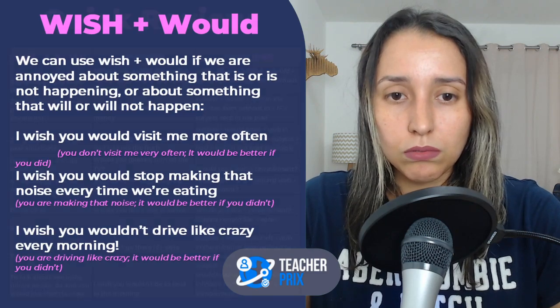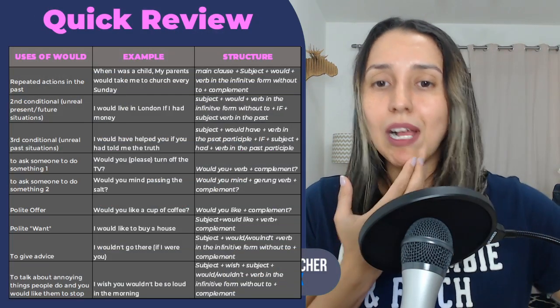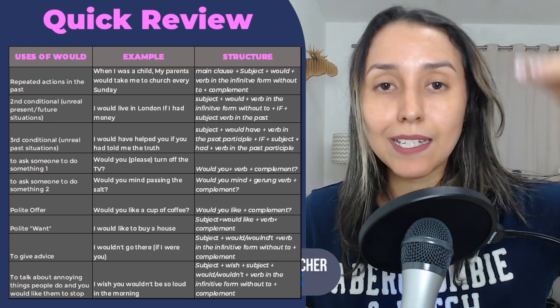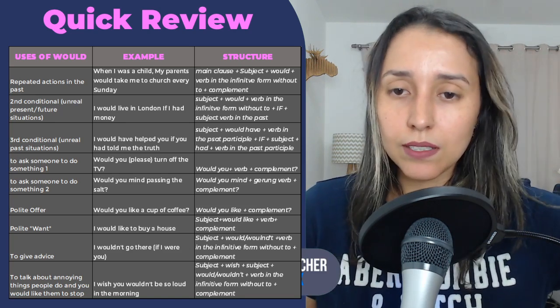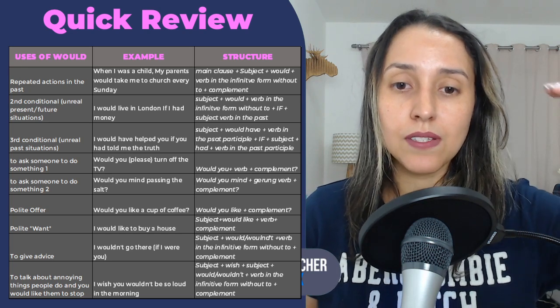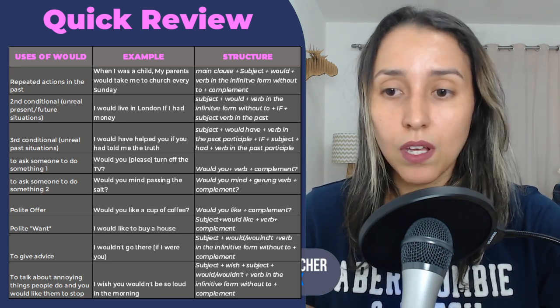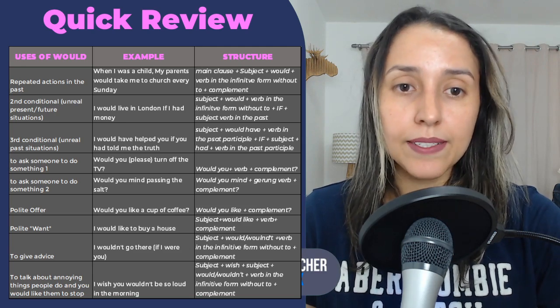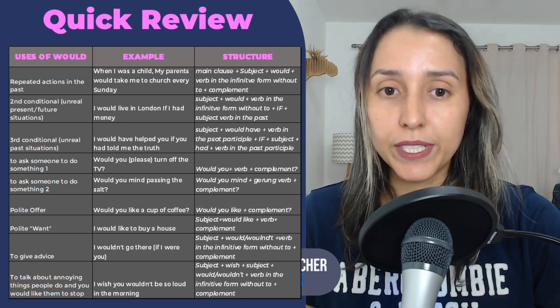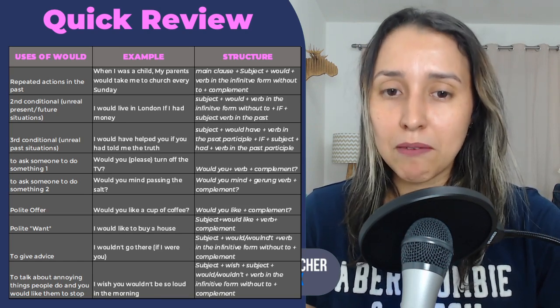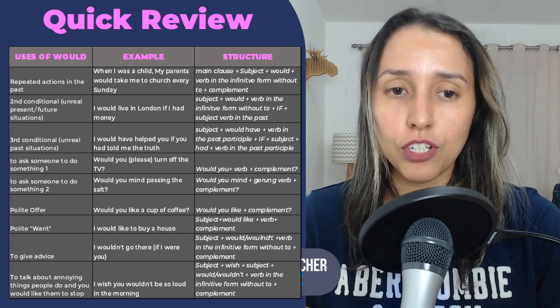Excellent. So quick review here. After you finish the video, if you want to take notes, come back, pause this part, take a look at the chart. Here I have a summary of the different uses of would, okay? I have the uses of would that I mentioned, I have the example, and I have the structure.